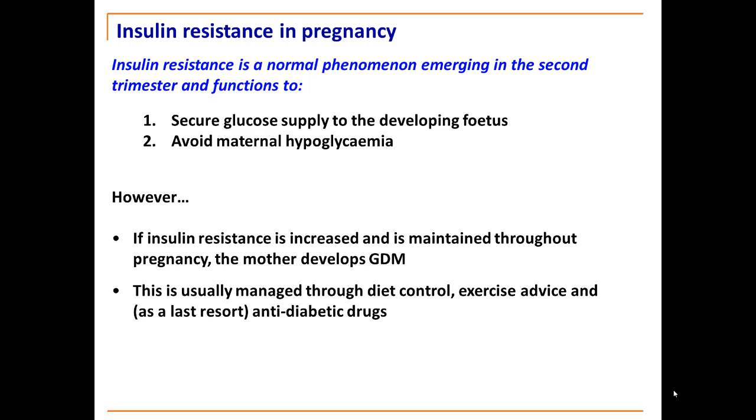If insulin secretion is not increased and maintained throughout pregnancy, the mother will develop gestational diabetes because blood glucose levels rise. This can usually be managed through diet control, exercise advice, and anti-diabetic drugs as necessary. But remember what I said: during gestational diabetes, there does appear to be an unexplained reduction in insulin secretion.